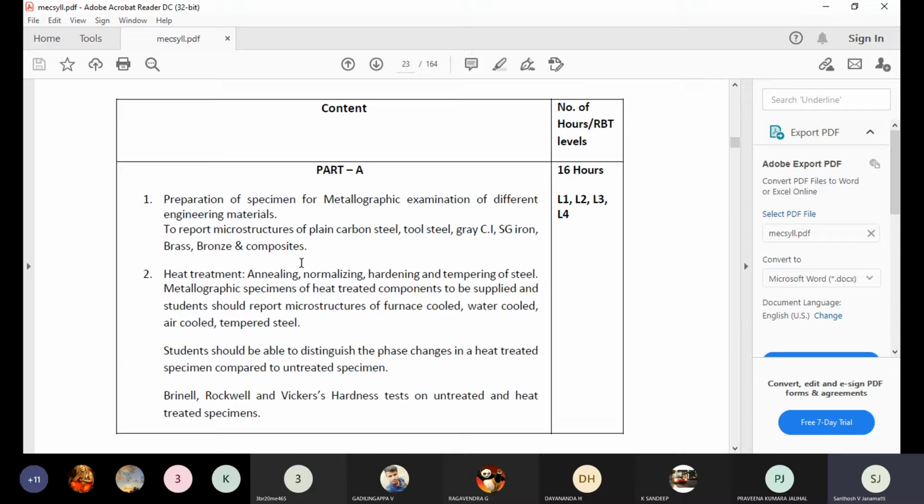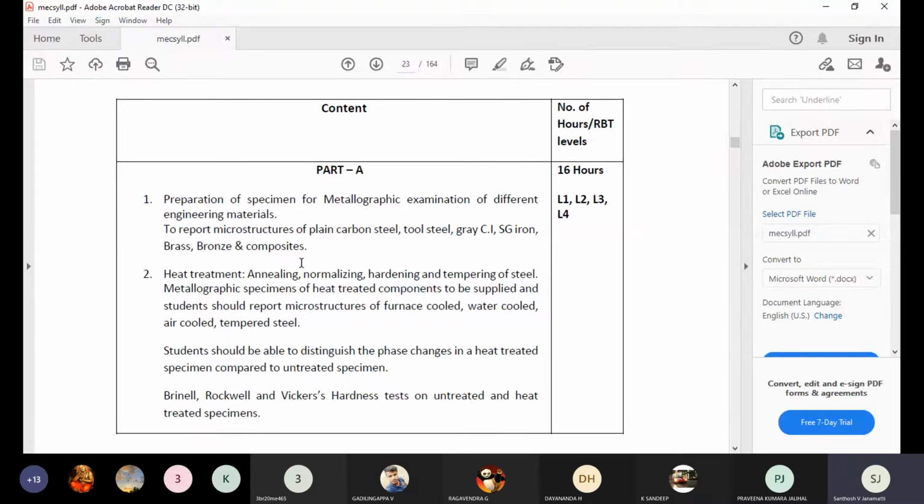One question is from part A, and one question is from part B. Part A is 30 marks, part B is 50 marks, because part A is a simple experiment that you conduct individually, so the marks will be 30.